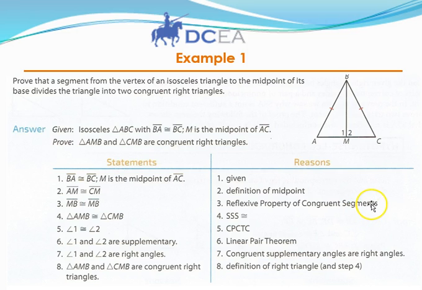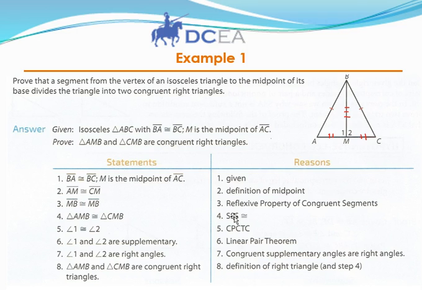One of the things that you should always look for in a theorem is reflexive property, one of the easiest things to name. Our goal here is to create these two congruent triangles. So we already have some sides, so we can now say that we have another set of sides, which was AM and CM. And now we know we have the sides that are the reflexive property. We now have three sides of our triangle. And we can state that the triangles are congruent. Triangle AMB is congruent to CMB by side, side, side.